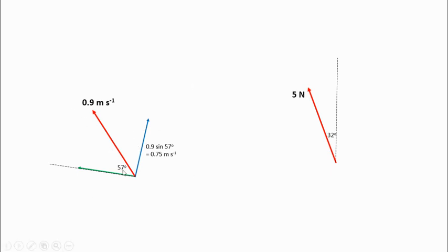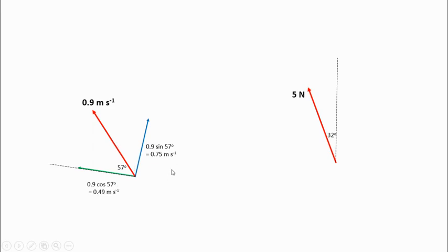Since this component is not adjacent to the angle, not next to the angle, it's going to be sine 57 degrees times the 0.9, which works out to be 0.75 meters per second. Same unit that we started out with. The other component along the reference direction is going to be 0.9 cos 57, which works out to be 0.49. So these are the two components of our original vector.